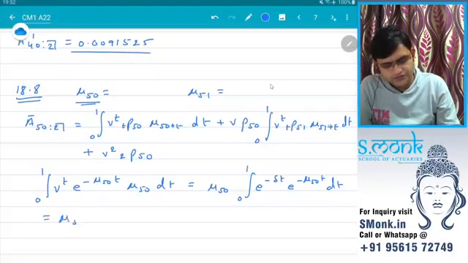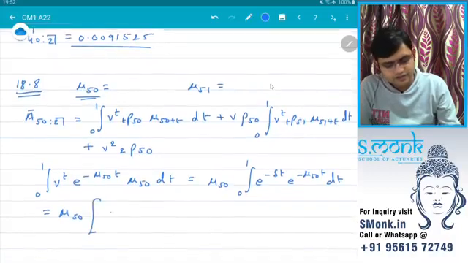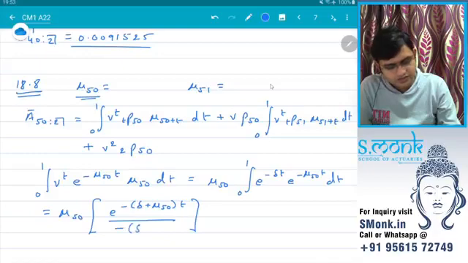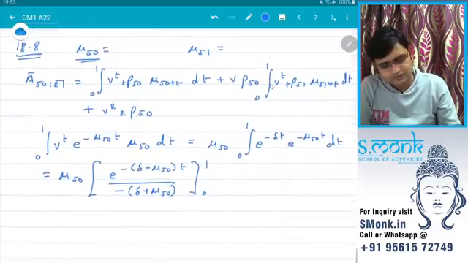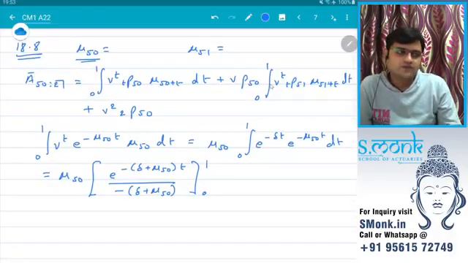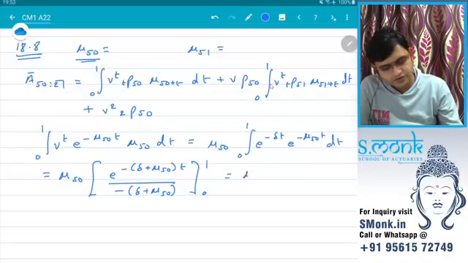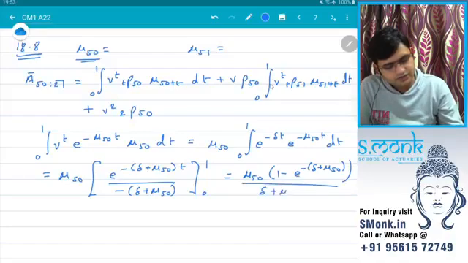We'll just say mu 50 bracket e raised to minus delta plus mu 50 t on minus delta plus mu 50, 0 to 1. When we put 0, we'll just get 1. So this becomes mu 50 1 minus e raised to minus delta plus mu 50 upon delta plus mu 50.